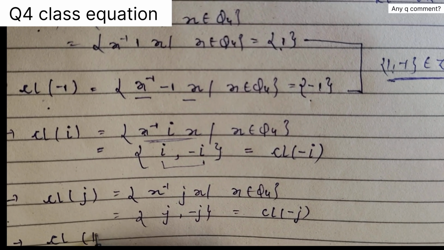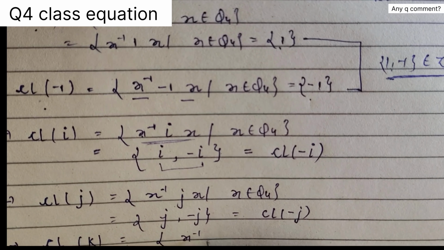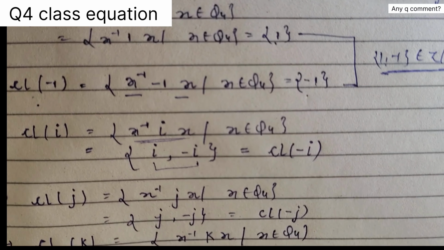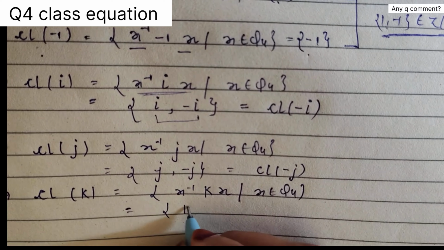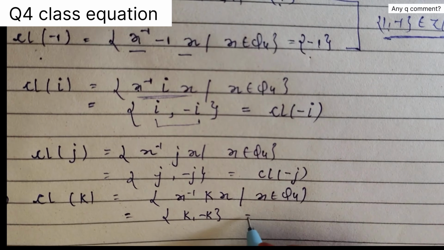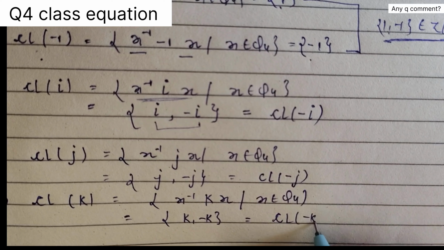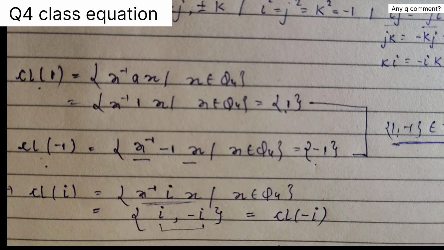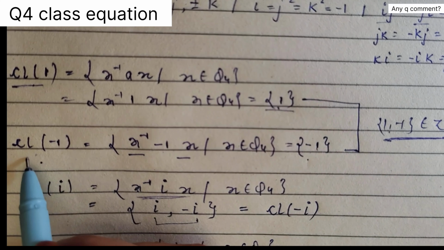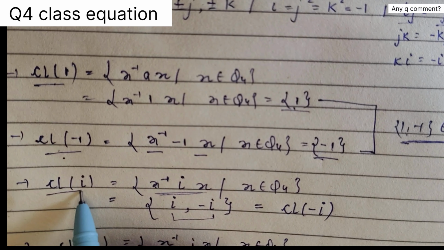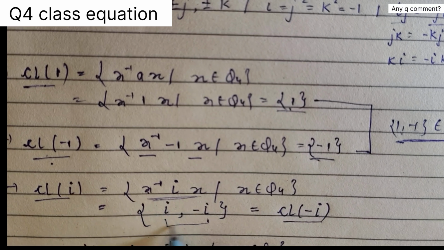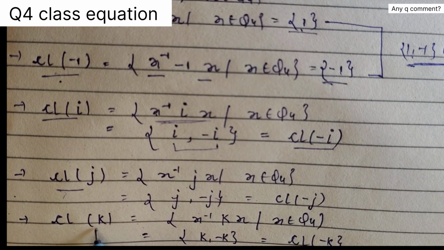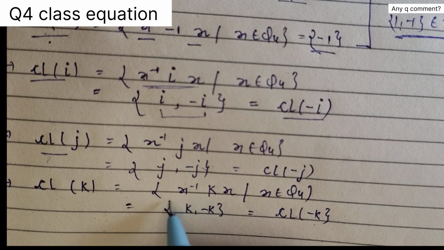Similarly, you can find class of k, that is x inverse kx for x belonging to Q4, which is nothing but k and minus k, equal to class of minus k. So overall we got the classes of the elements. Class of 1 equals 1, class of minus 1 equals minus 1, class of i and class of minus i equal this, class of j and minus j equal this, and class of k and minus k equal this.